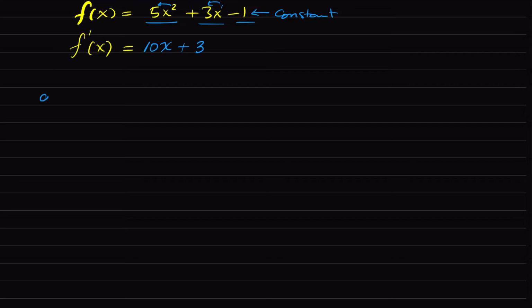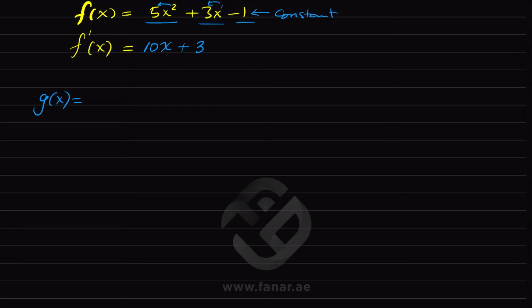But we have some functions written in the form of a product, two brackets: 5x squared plus 3x minus 1 multiplied by 6x minus 3. So here we have two functions multiplied together.